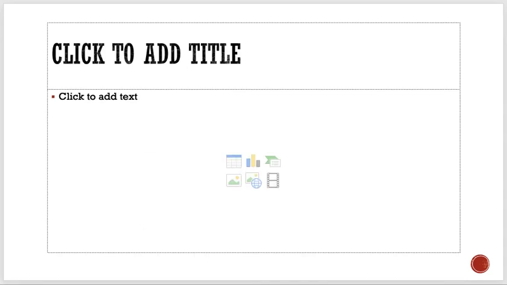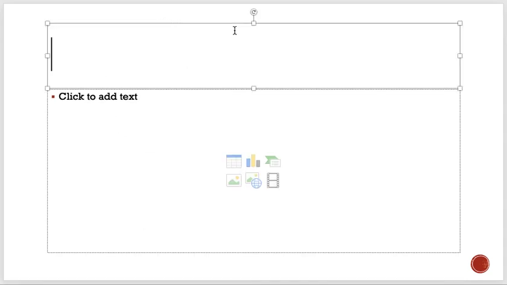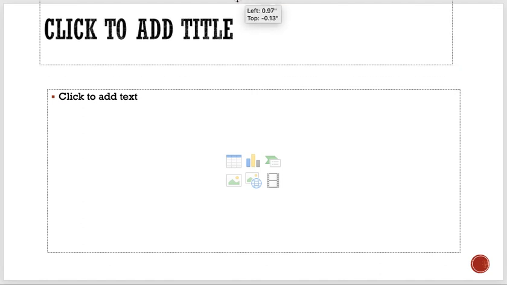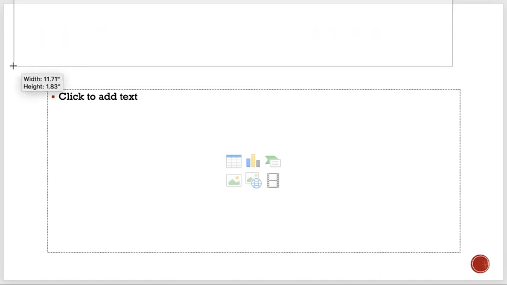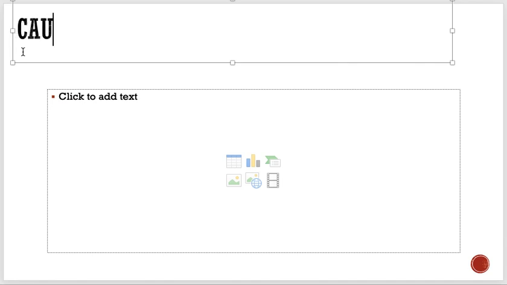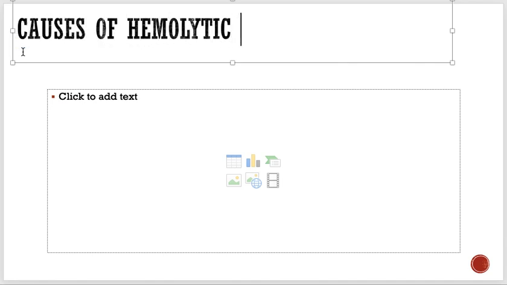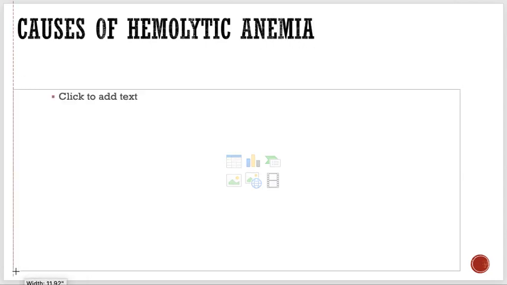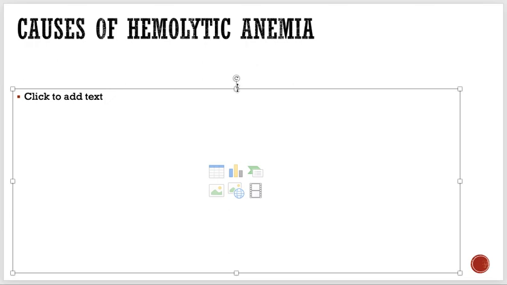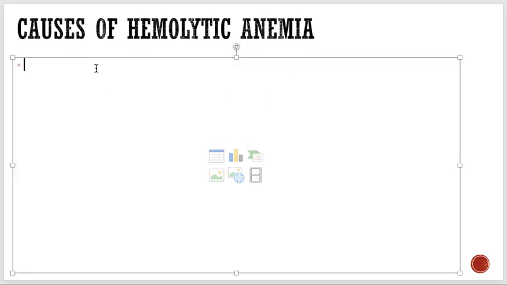The important thing is, first of all, you must know what the causes of hemolytic anemia are. If you don't know the causes of hemolytic anemia, how can you do the tests to diagnose it?